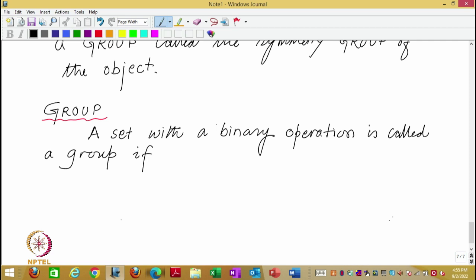And what are those conditions? Let us say a set G with some binary operation. The first property which a group should satisfy is the closure property.